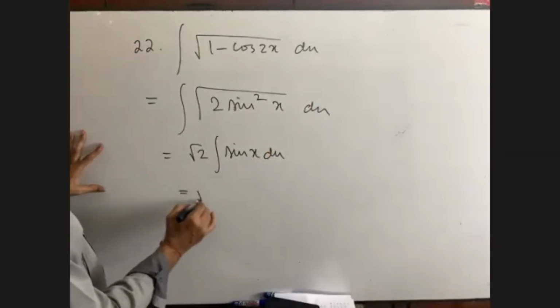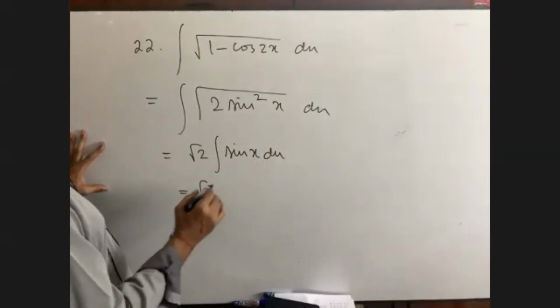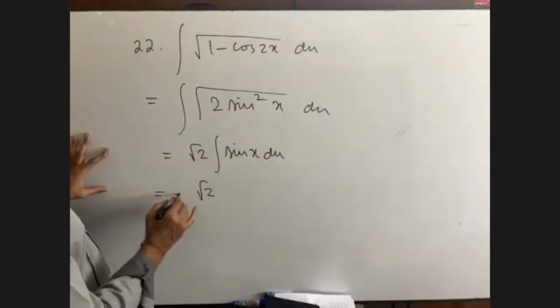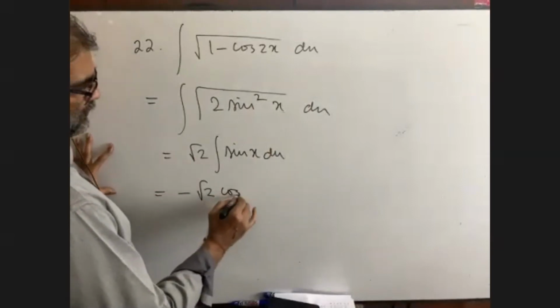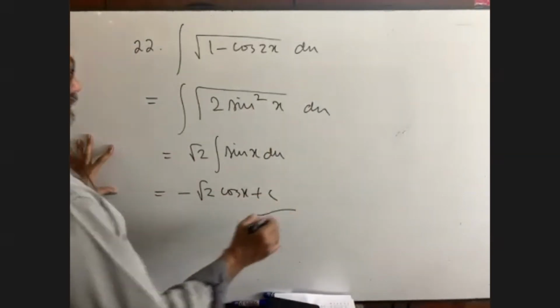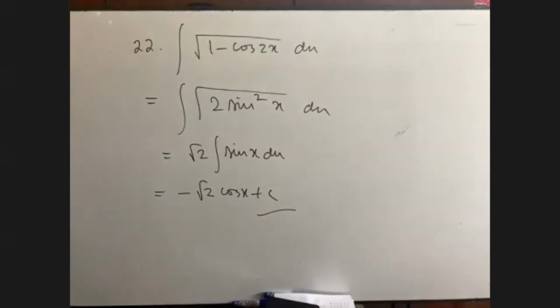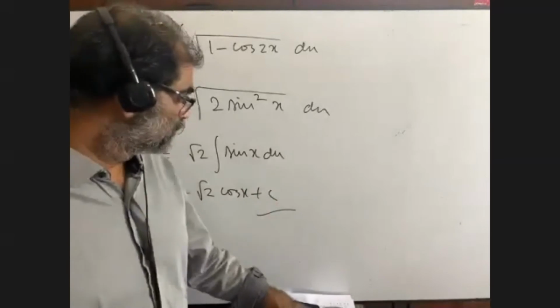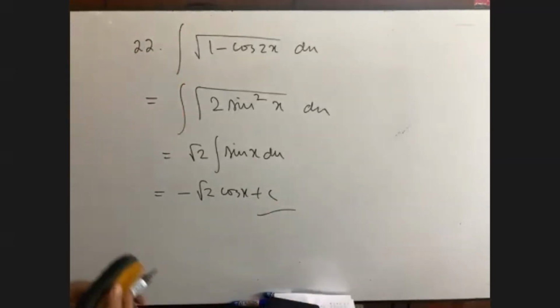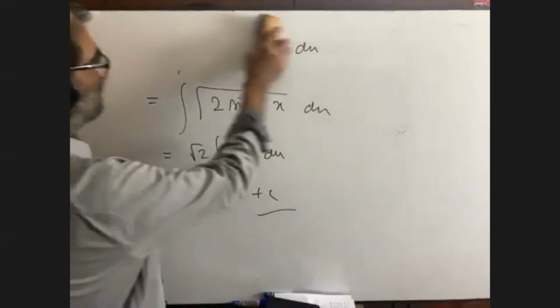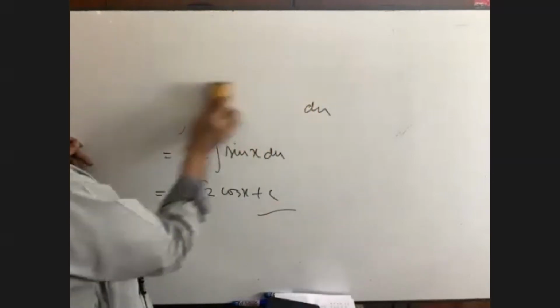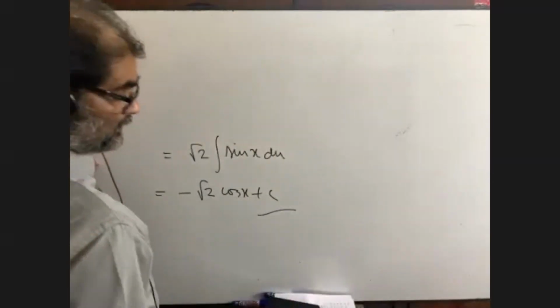That means root 2 sin x is what? Minus. So minus root 2 cos x plus c. You have got our answer. Right? You have to know the formula. Without knowing the formula, it's really very, very impossible for any student to do any math.